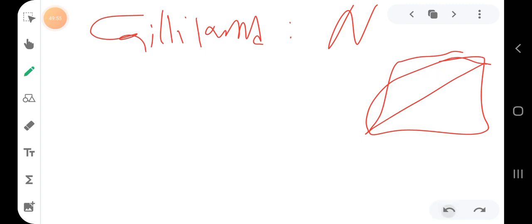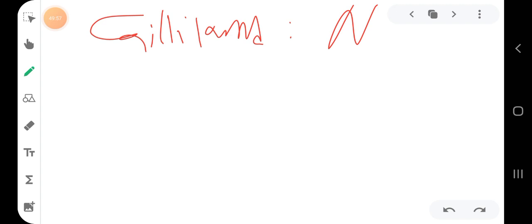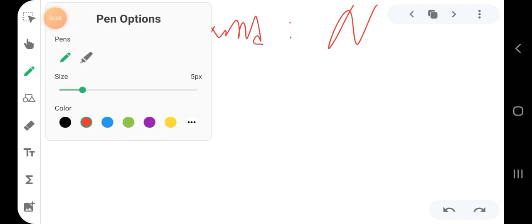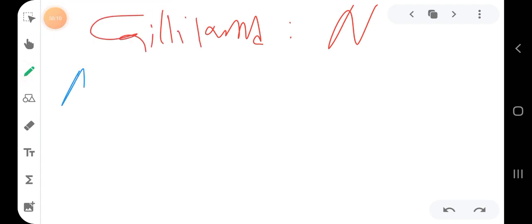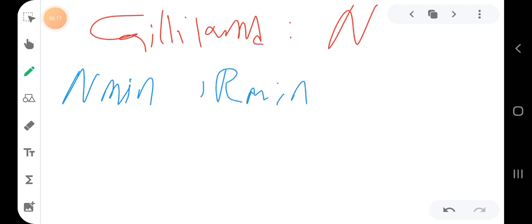And how to get this? So far you have n minimum from Fenske, and you have r minimum from Underwood, and you can get r. It depends on, for example, sometimes they say that r is equal to 1.5 r minimum, or 1.6, 1.7.